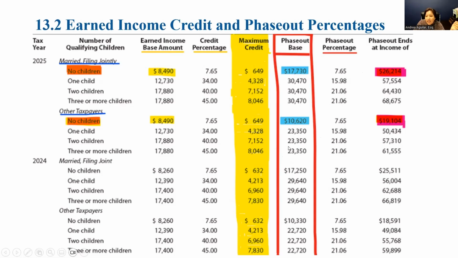And also the phase out ends at different income levels. Here the numbers are different. So that is something that you need to keep in mind. We also have the numbers for tax year 2024, but they are kind of irrelevant. So let's just focus on 2025.